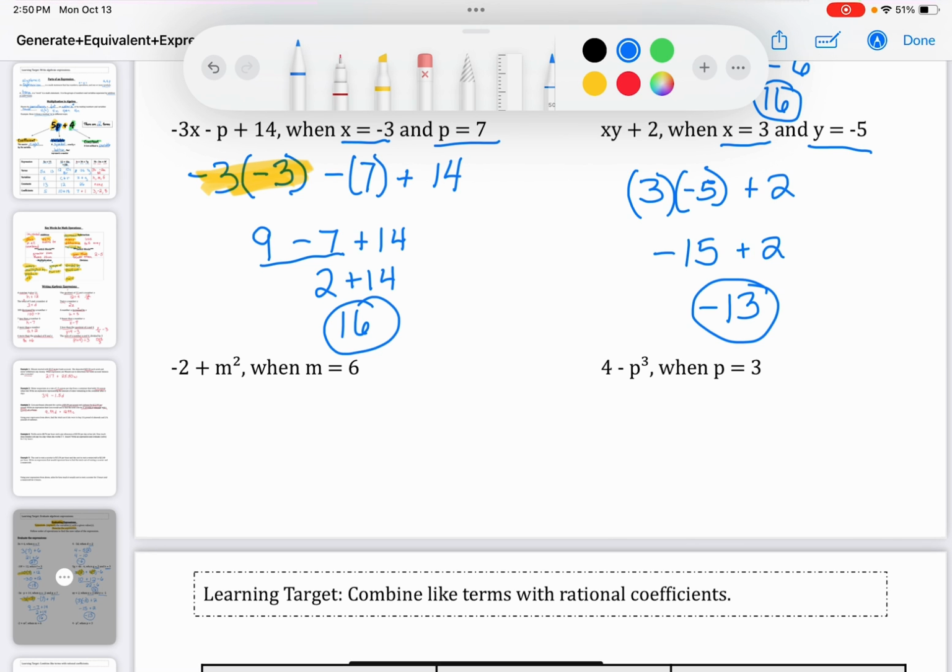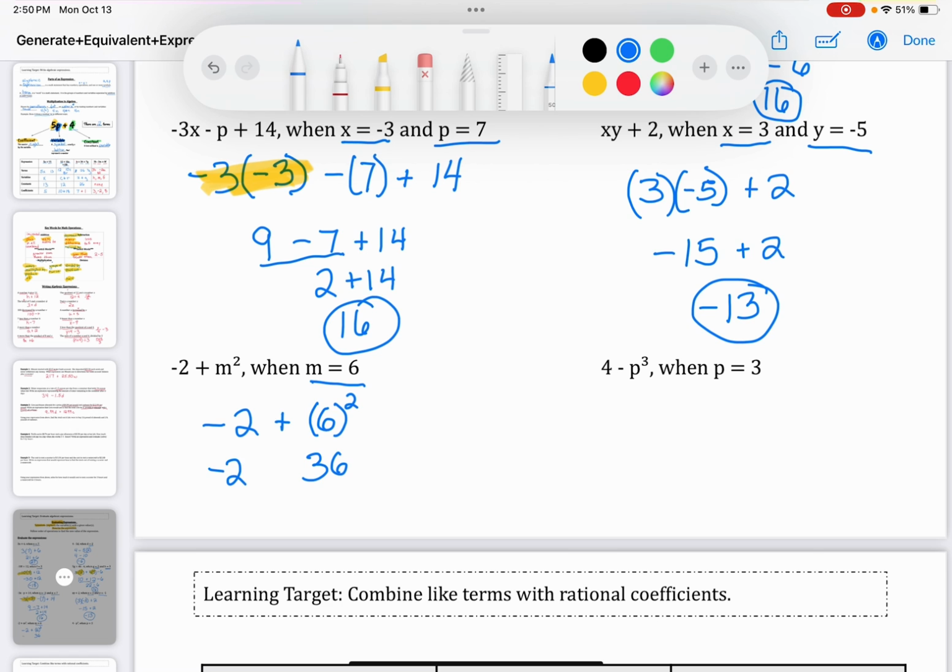All right. m equals 6, and my expression is negative 2 plus m squared. Ooh, exponents. So let's write negative 2 plus, and then I'm going to put my 6 in place of m, and then the 2 is on the outside. So 6 squared, order of operations, I'm going to do 36.